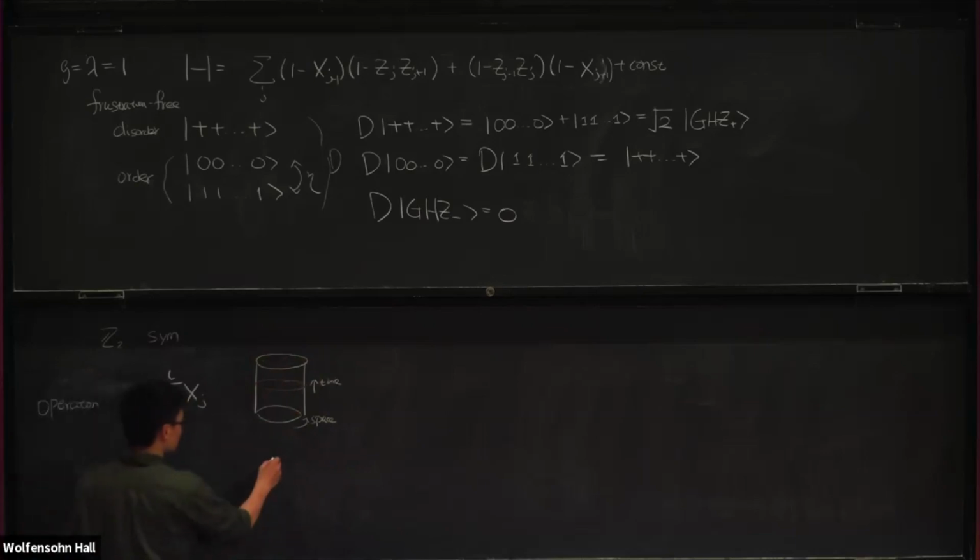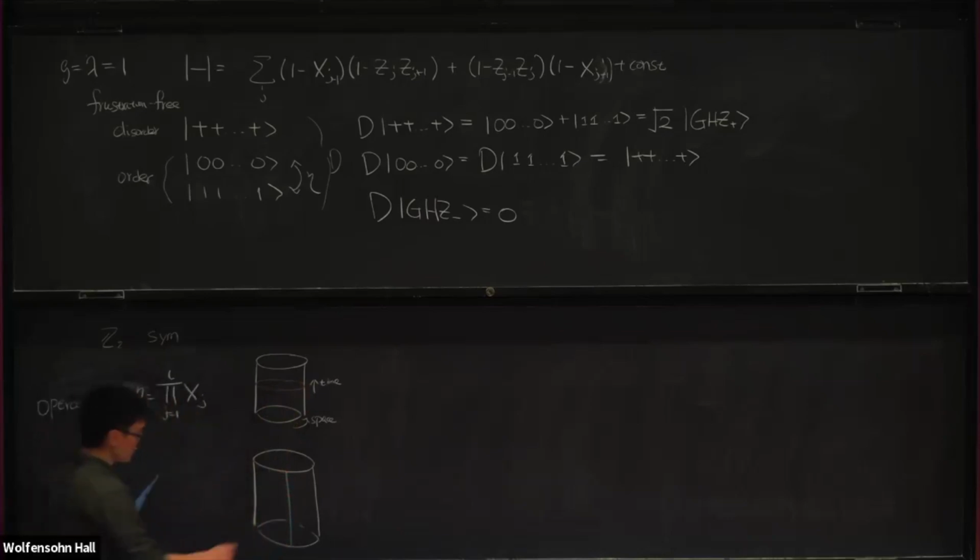From the field theory point of view, it's also natural to consider the following object, where instead of inserting an operator at a fixed time, you put a defect. It's something located at a fixed point in space and extends in the time direction.